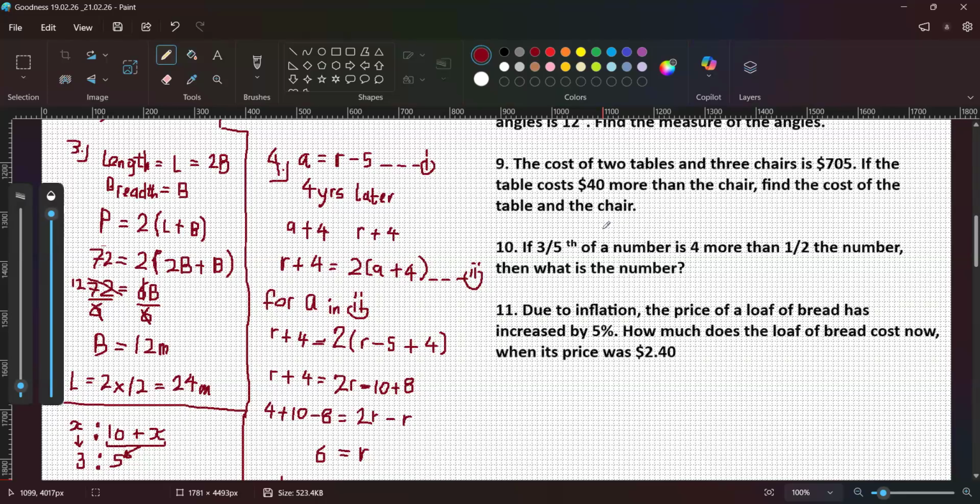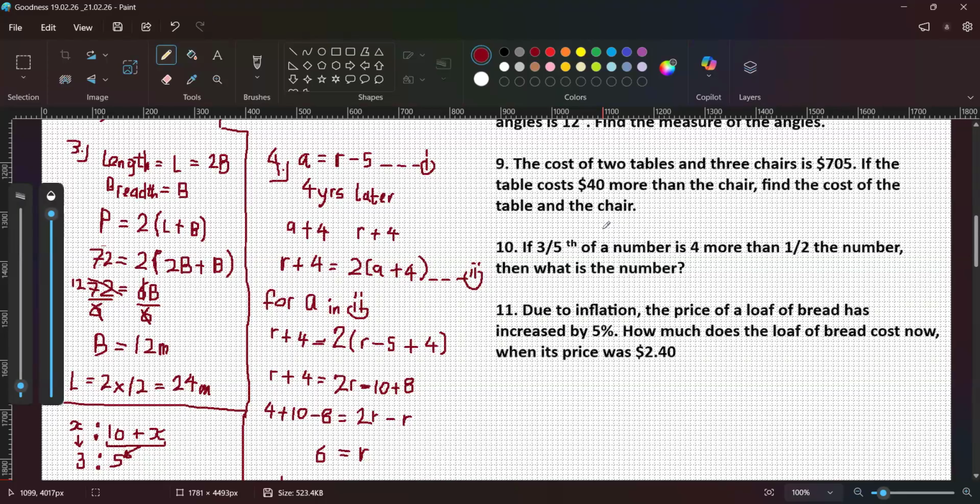It's separately, right? Yes, sir. I'm also thinking that if they wanted it combined, they would have said find the total cost of one table and one chair, right? Yes, sir. I'll go with you. I think we're good to go.